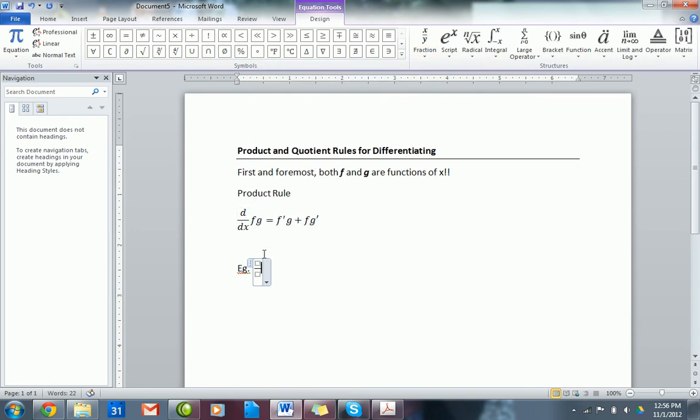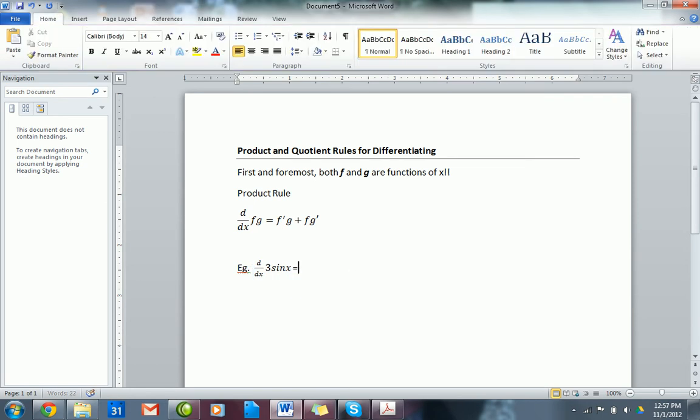What about 3 sine of x? Okay, so that's certainly a product. Your first factor is 3, there's your f, and your second factor is sine of x, there's your g. But in this case, 3 is not a function of x. It's just merely a coefficient. So I'm not going to use the product rule for this.